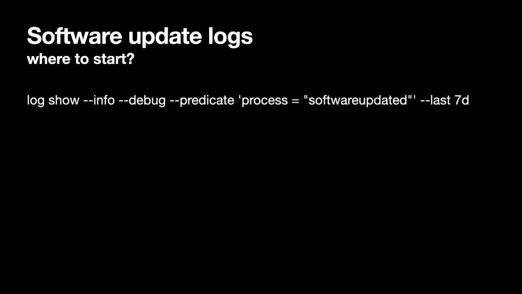So I knew, where do I start, right? There's a software update process, softwareupdated. I could throw that in, and I thought, cool, that's the process name. Clearly, that will give me everything I need to know about what's happening on these clients. But it turns out it was just way too much. And a lot of it is redundant.